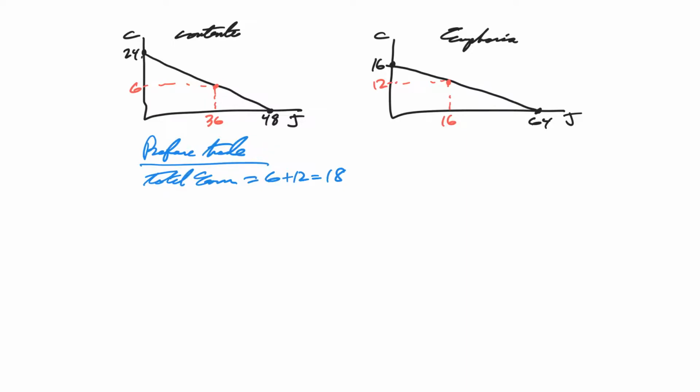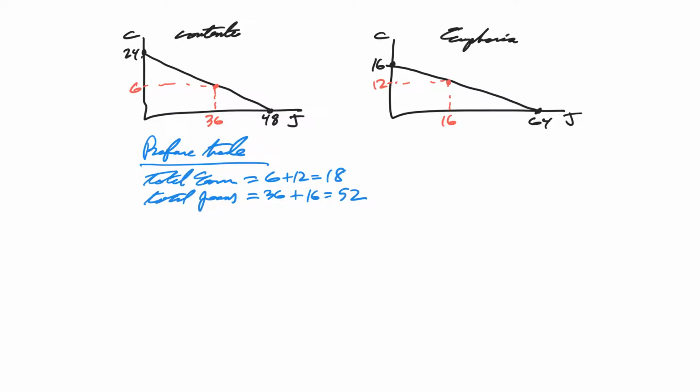That's the total amount of corn between the two. How about total jeans? Well, 36 was being produced by Contente, and 16 was being produced by Euphoria. So total jeans was 36 plus 16 is 52.